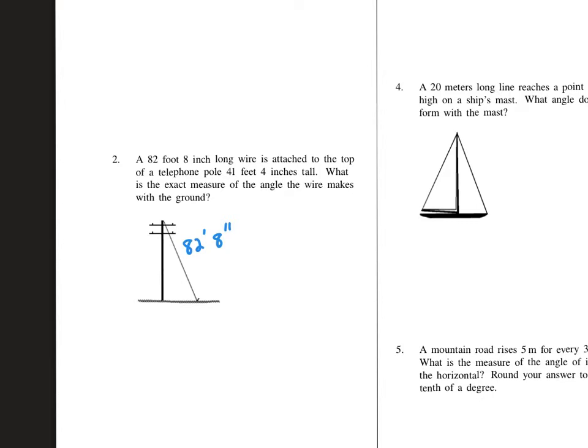And the telephone pole is 41 feet, 4 inches. And these feet and inches make this a much more difficult problem. The angle between the wire and the ground is going to be down here. That's where theta is going to be, and that's what we're going to solve for.